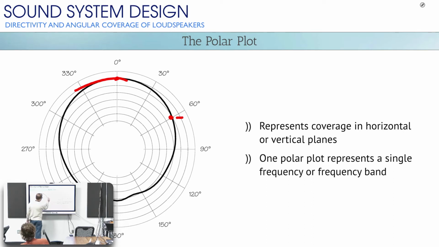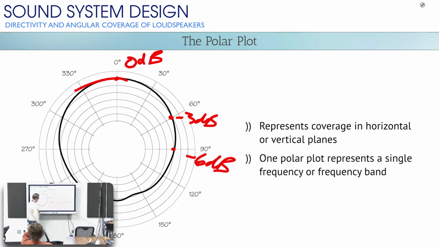So here is minus 3 dB. Here is 0 dB, okay? Then you go to 90 degrees, and notice how this dark line is now intersecting here. We've now gone 1, 2 divisions. So now this is minus 6 dB. See that? We go down here to 150 degrees. Now we're minus 9 dB. See how that works?